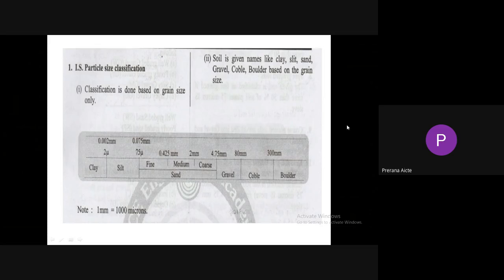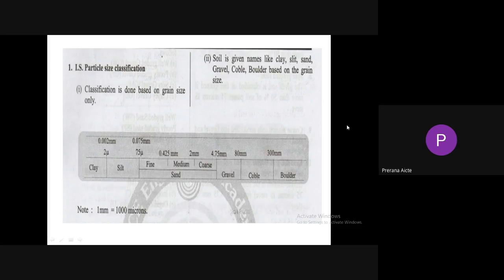Brownian motion means it will move in a downward direction and at the same time in an upward direction, but it will not settle to the bottom of the vessel. It is continuously in motion. That is known as Brownian motion. So when the particle size is less than 2 microns, it is known as clay.